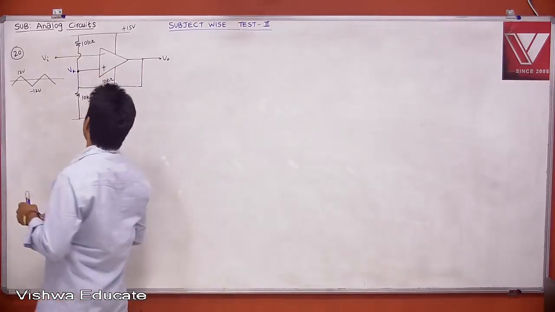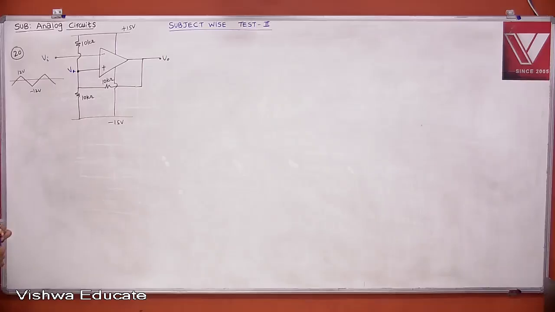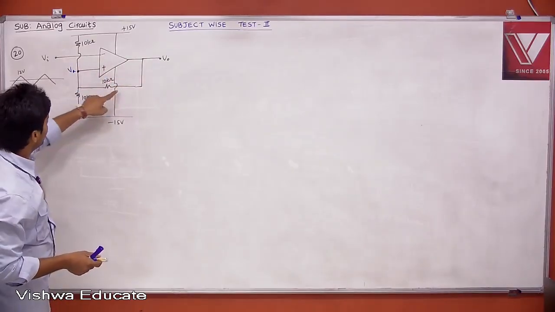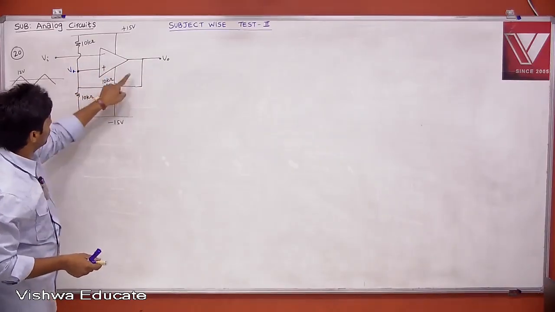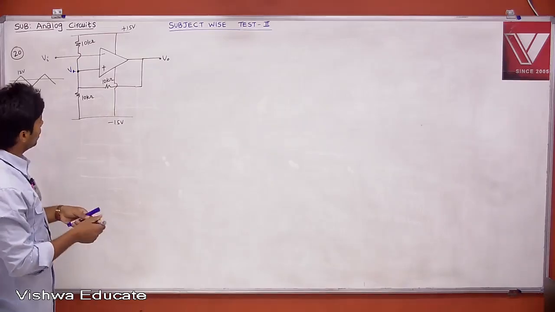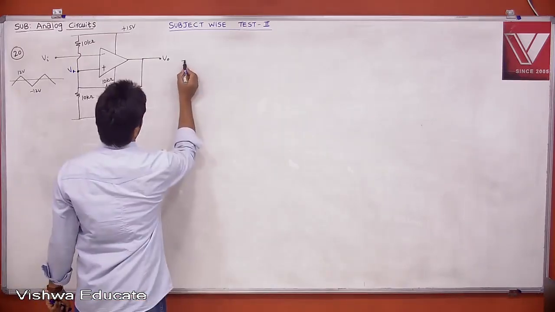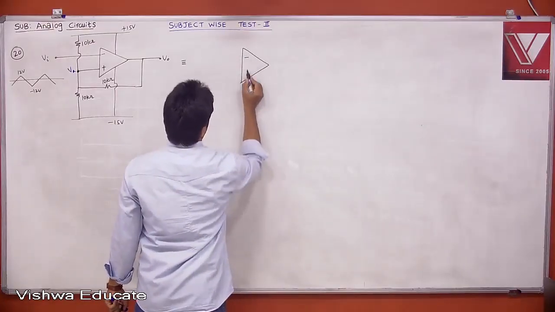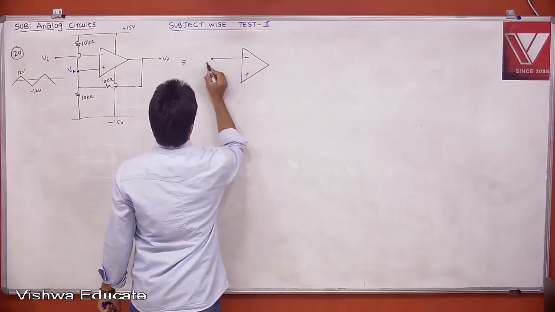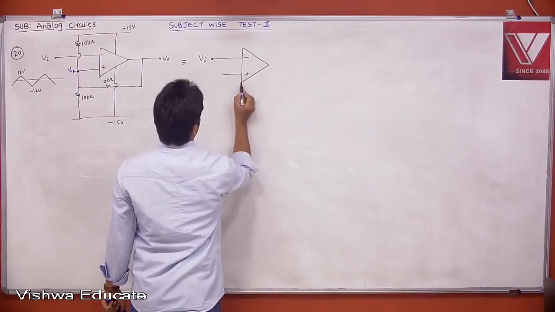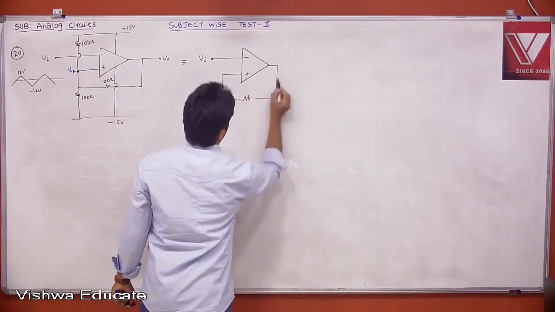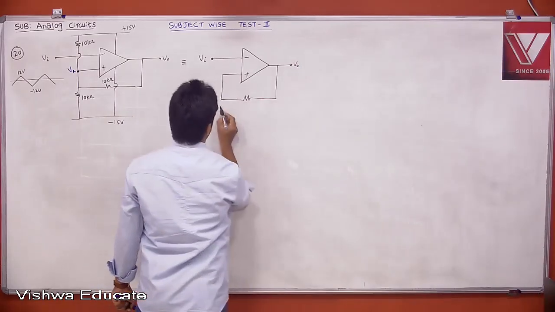Before all those things, is it negative feedback or positive feedback? Your input is applied at minus, but your output is sampled. Maybe for your understanding, can I draw the same circuit like this? This is your VI, this is your V0.